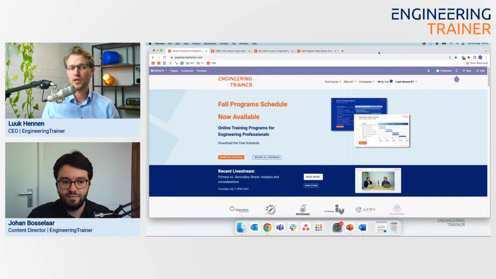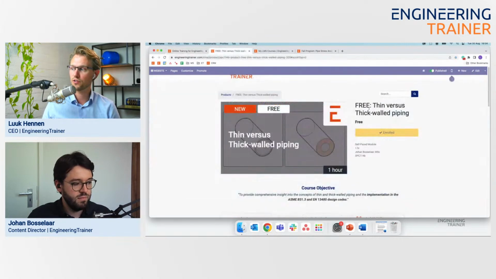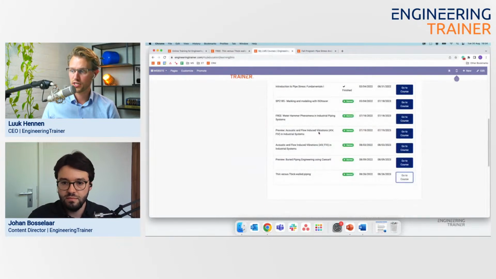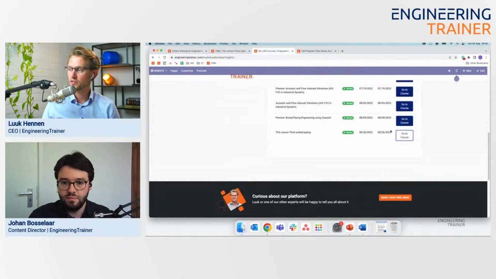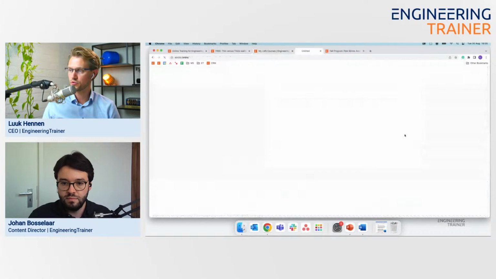We have the links in the show notes, but you can find this module, thin versus thick walled piping, freely available on our website. Browse to engineeringtrainer.com and search for the thin versus thick walled piping module. It's one of the free products in the shop. You can just enroll, go to your account dashboard, open your courses, and open the thin versus thick walled piping module.